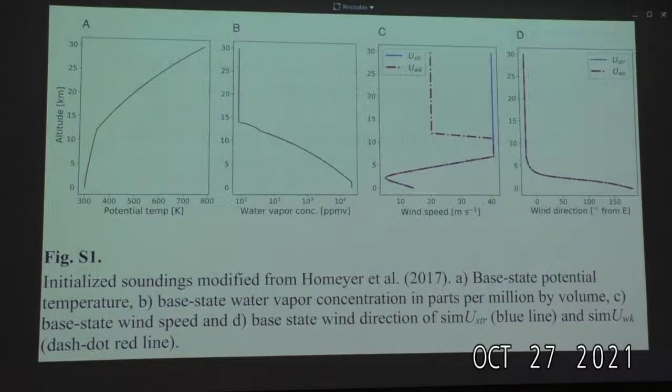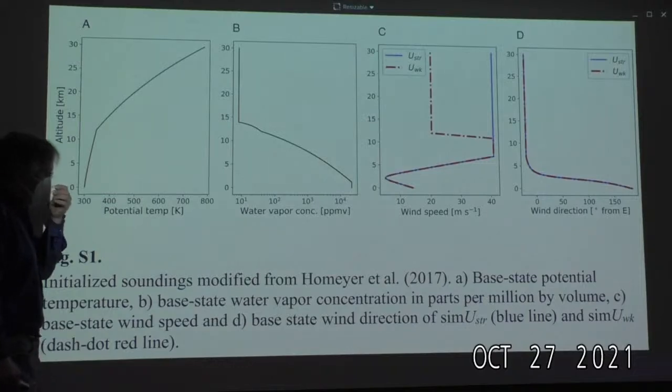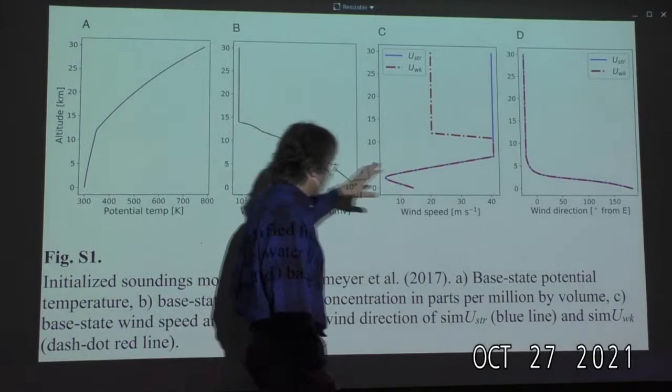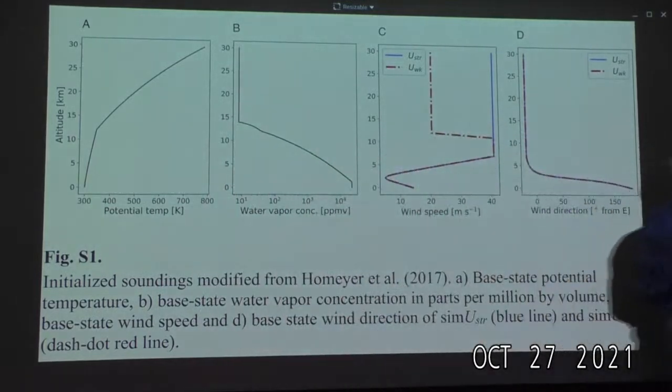Let me get to the results from the numerical simulations, and I think it'll come together. So we start out with the classic, I think this is probably a Weisman and Klemp variant sounding: a conditionally unstable boundary layer, absolutely unstable, moist here, dropping off a certain way. The only thing that differs between our two simulations is the wind profile.